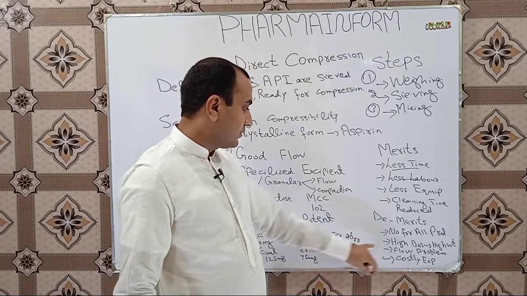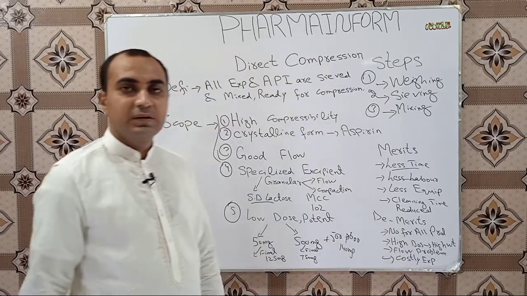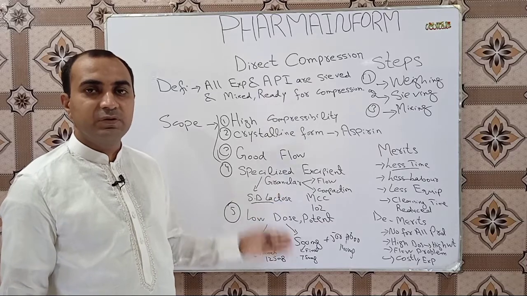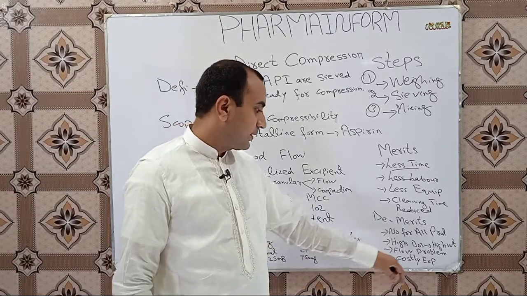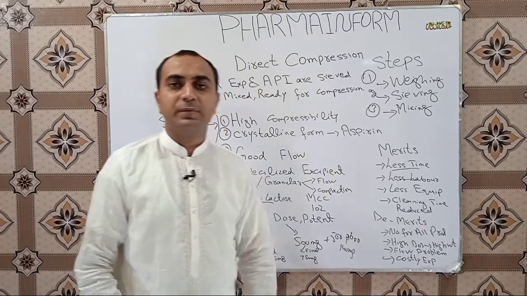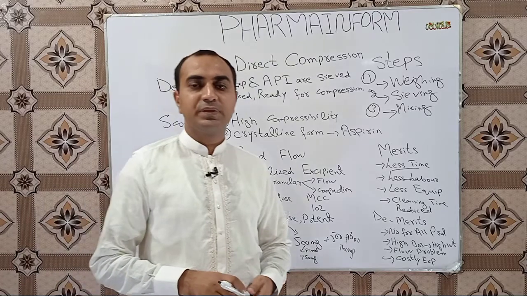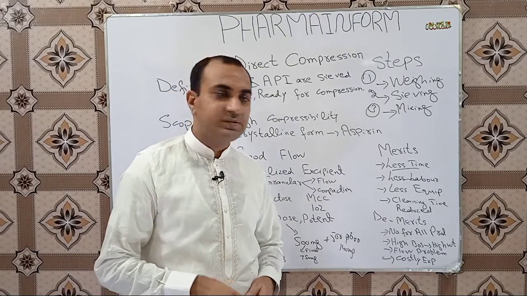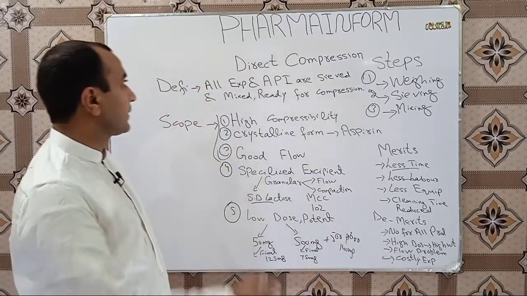We experience flow problems during direct compression when we try to use this method for those products which have flow issues. And if we want to remove the problem of flow, we have to use specialized excipients, and when we use specialized excipients, the cost of our operation is increased.